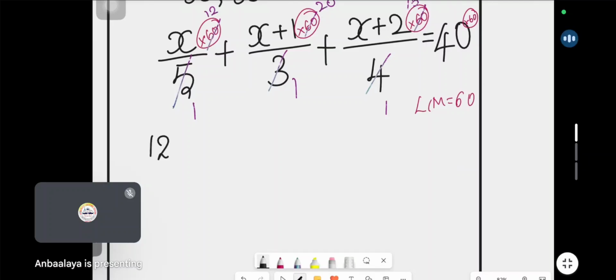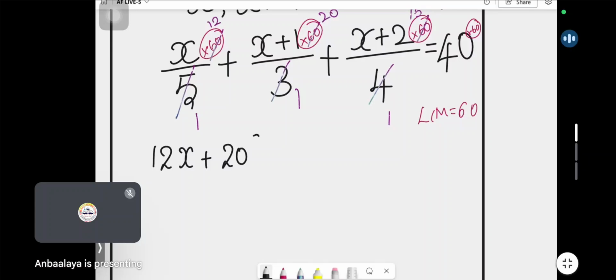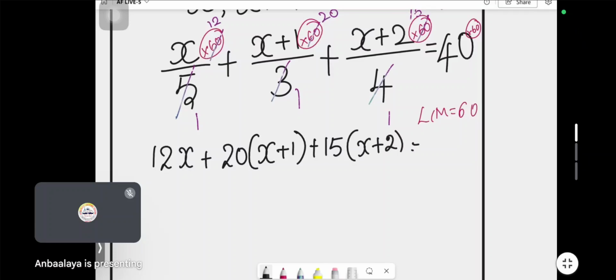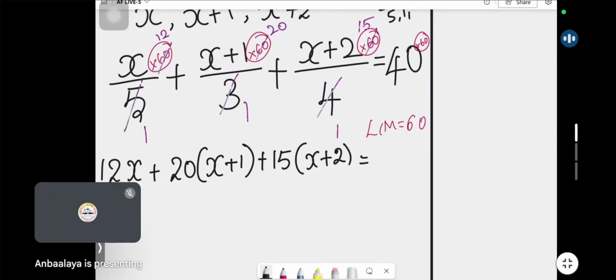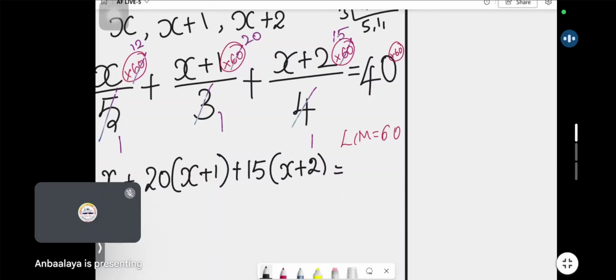12 into x, that is 12x, plus 20 into x plus 1, plus 15 into x plus 2, is equal to 40 into 60.